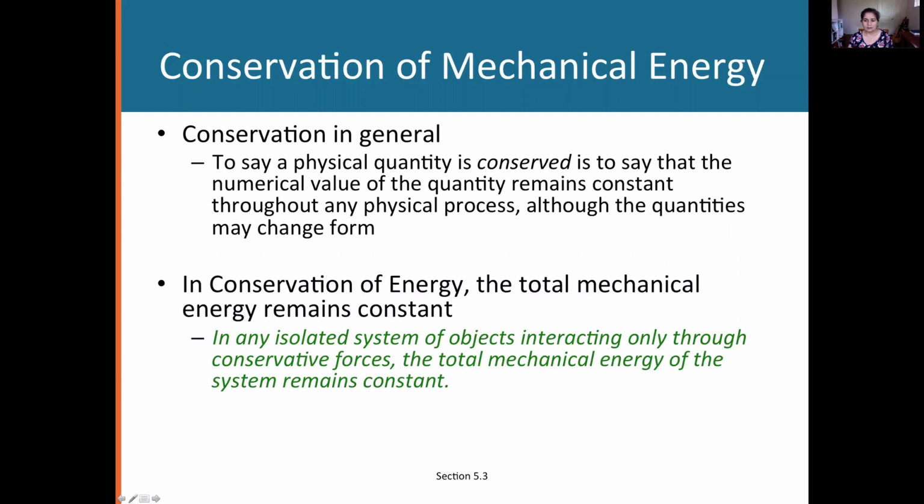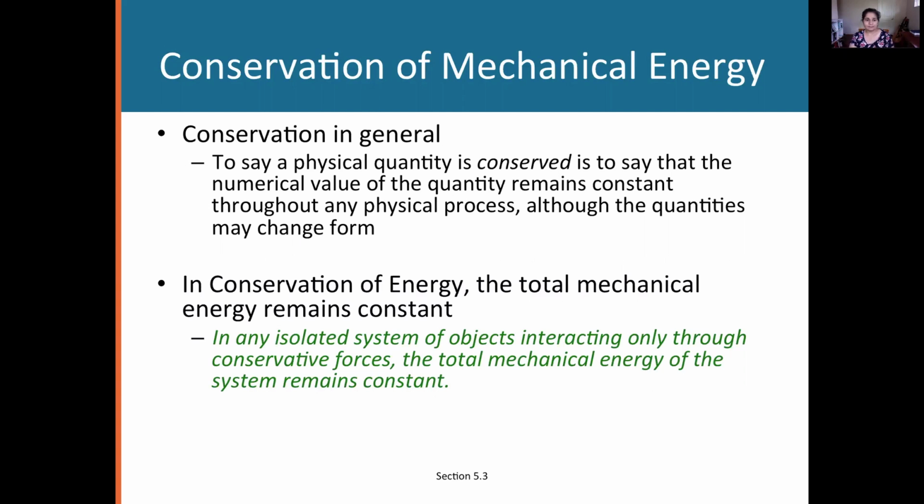So we come to an important concept in this chapter, which is the conservation of mechanical energy. Okay, what is mechanical energy again? It's the total sum of the kinetic and potential energies that a system may possess. Yeah? So conservation in general means that you have the same value at the start and some kind of final position.